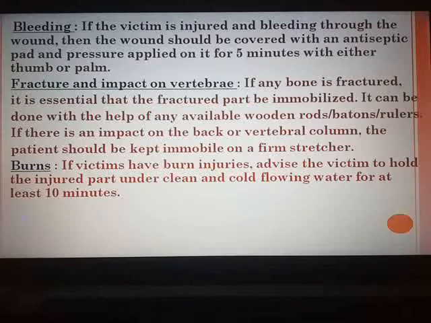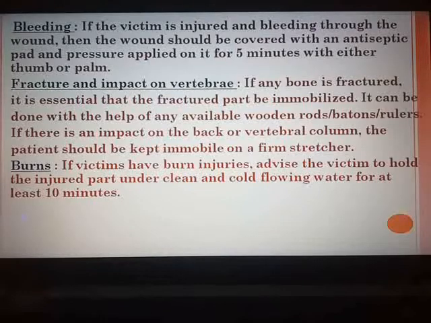Then it can be done with whatever available things over there. So in short, now this is the general question for all the types of injuries. So we have mentioned everything and I expect you to write everything in the notebook. You can shorten the points and write it down. With this we complete question number 3A.